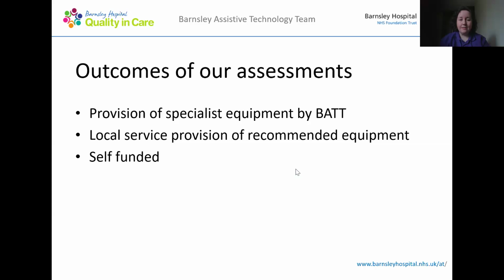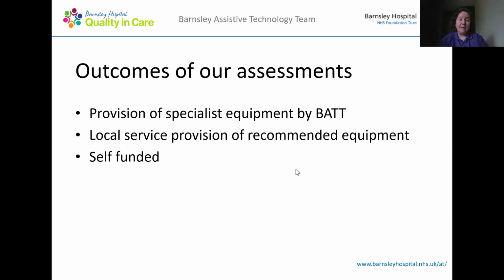These are the outcomes of our assessment. We provide equipment where somebody meets the provision criteria, which, for example, means they're showing they're motivated to use it, they're managing to use it, they're showing that they're using it to communicate, and we're getting examples of them using it. Those are all reasons that we might provide AAC. But it might be that we recommend the local service provide something.